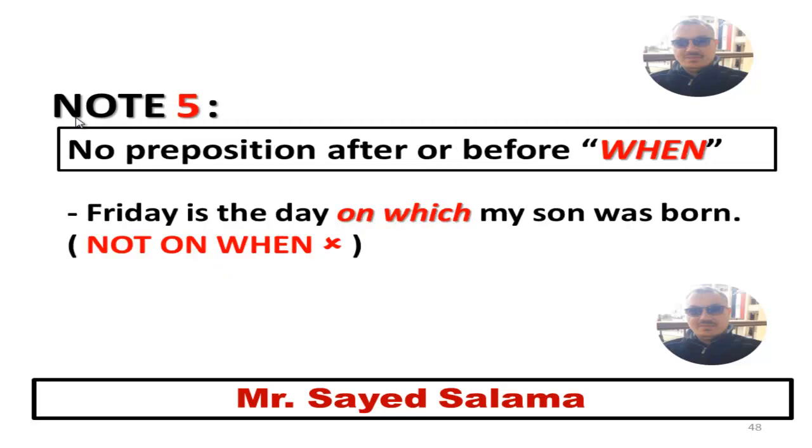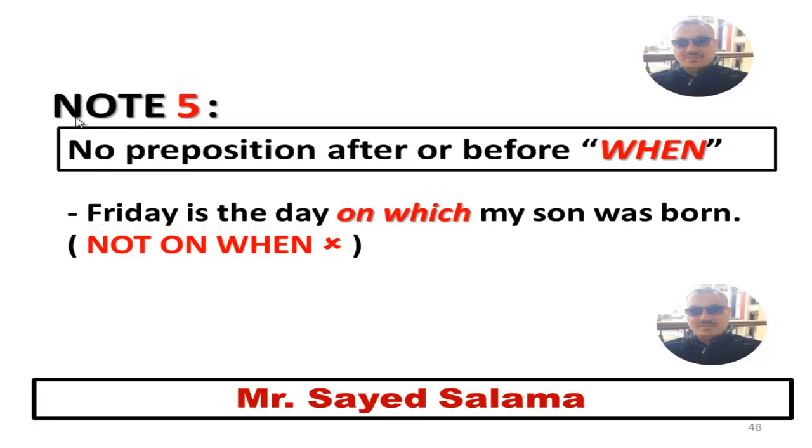Number 5. No preposition. ممنوع تجيب حرف جر after or before when. أمال البديل إيه؟ On which. Friday is the day on which my son was born. يوم الجمعة ده اليوم اللي ابني اتولد فيه. Don't say on when.